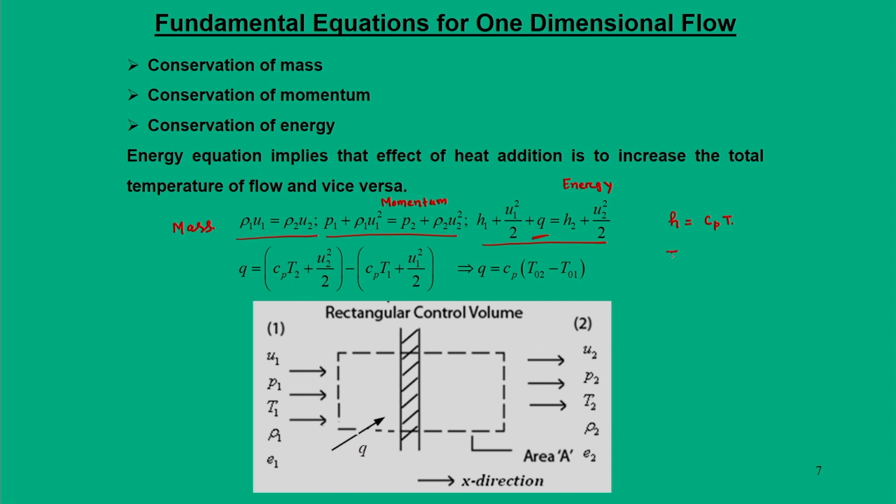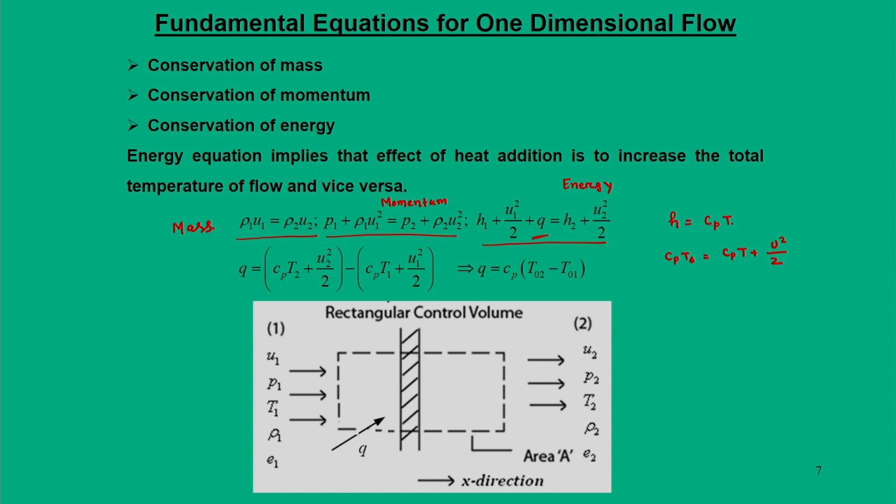So, T naught we can write, Cp T naught would be equal to Cp T plus U square by 2.